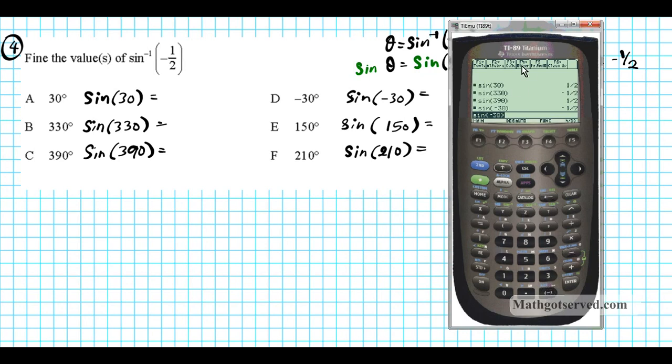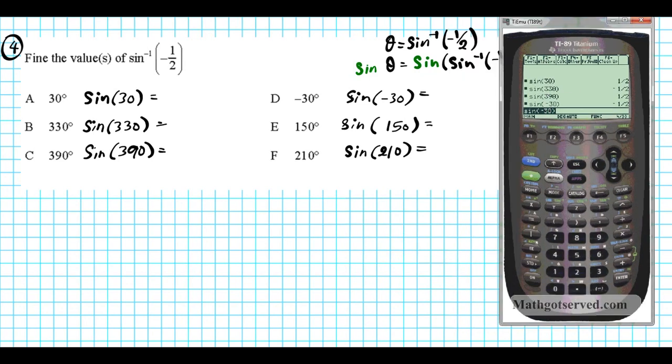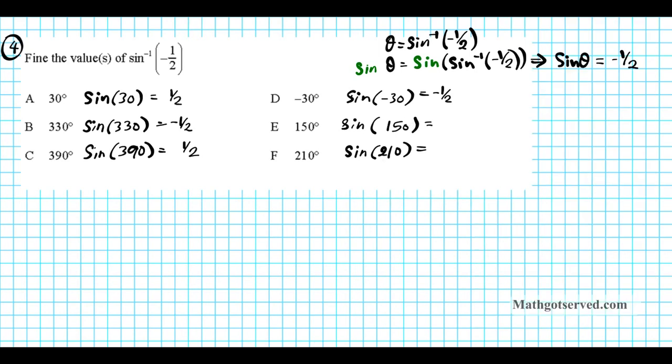So let's write down what we have so far so we don't lose track. For 30 degrees it is 1/2, negative 1/2 for 330, 1/2 for 390, negative 1/2 for negative 30. So bottom line, we know that this is good, and these two are no good.